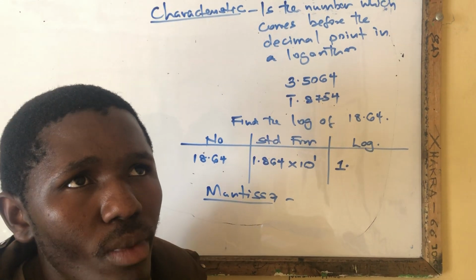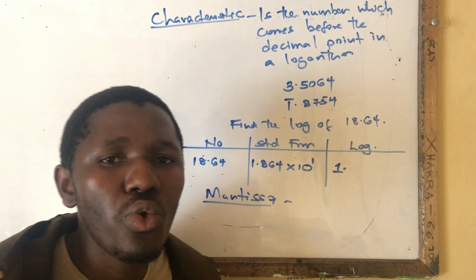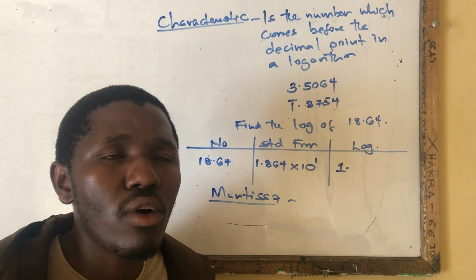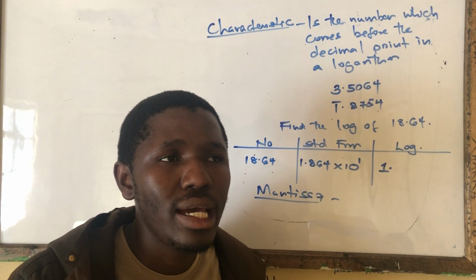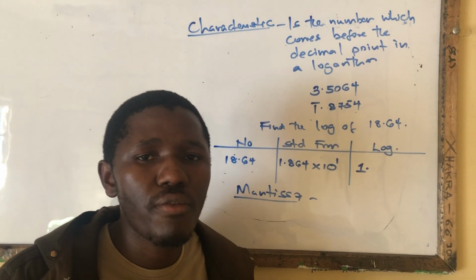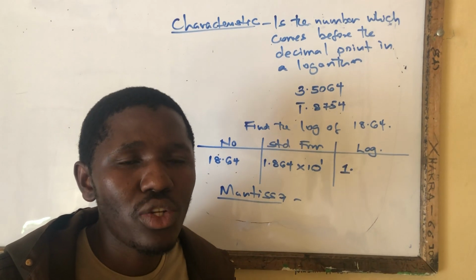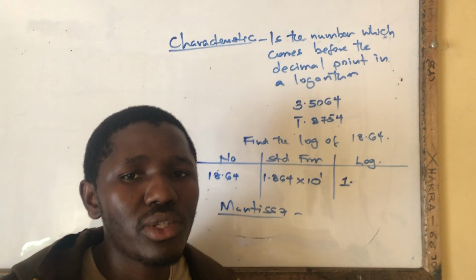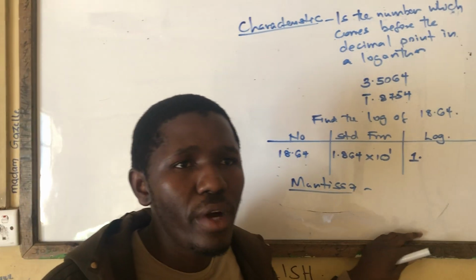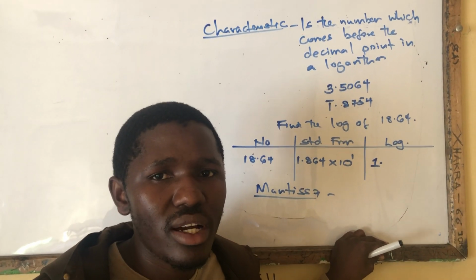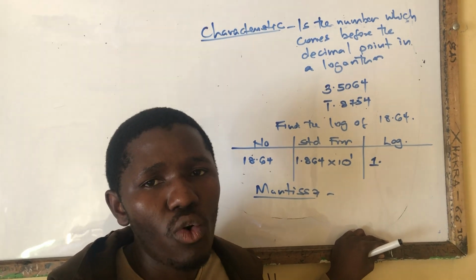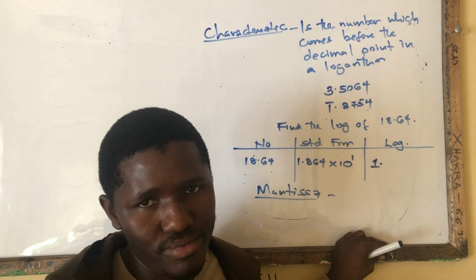That takes us to the most critical part of logarithms, that is the division of logs. And this is the area where most of the students miss it. Take note, and I want to say this on a serious note, when dividing logs, be very cautious when the characteristic carries a negative, or what we would call a bar.